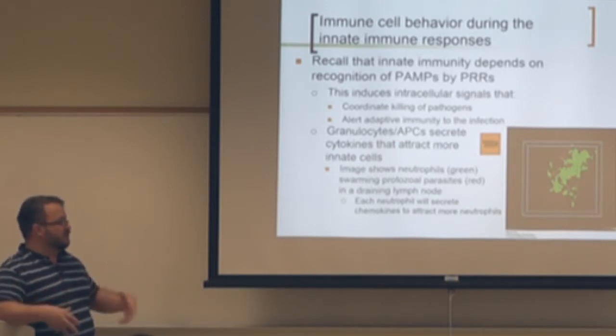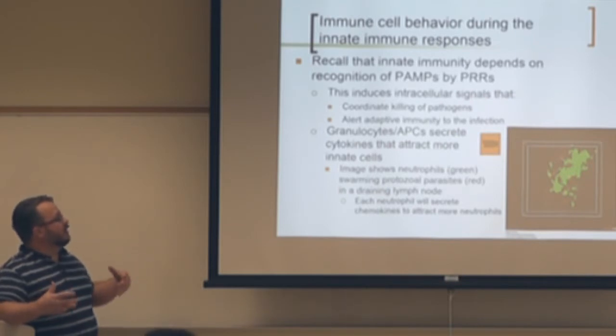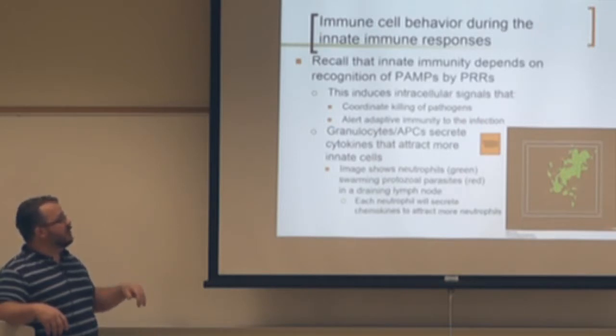Sometimes to get those interactions going, we initially have innate cells, like macrophages and neutrophils, that have these PRRs, receptors that are specific for pathogenic molecules, and they're activated by PAMPs, pathogen-associated molecular patterns, and then also DAMPs. We don't say DAMPs up there, but damage-associated as well.